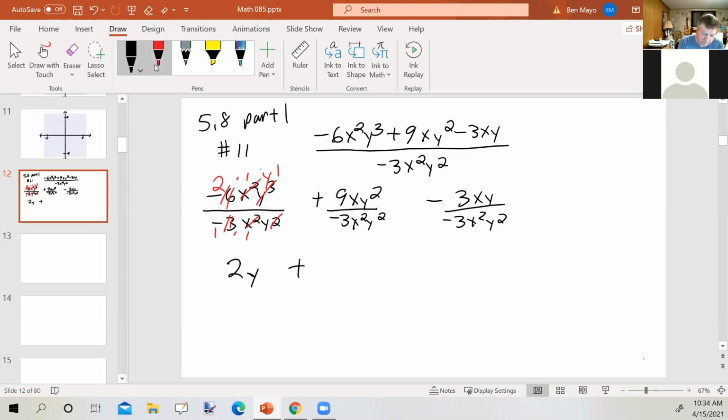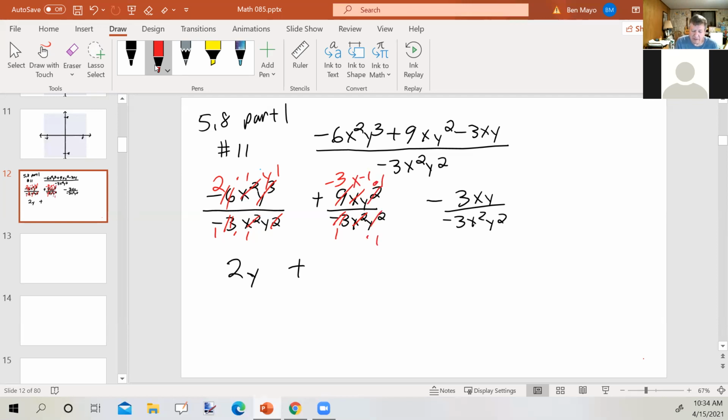And plus, next term, 9 divided by negative 3 would be negative 3 over 1. X over x squared would be x to the 1 minus 2, or x to the negative 1 power. Y squared over y squared would be y to the 0 power, which is 1, or just 1 over 1.